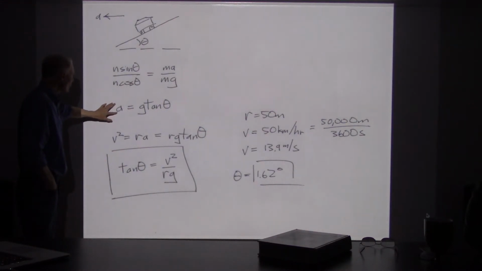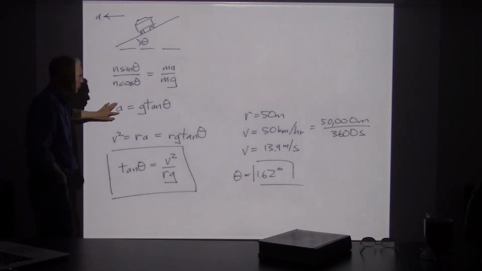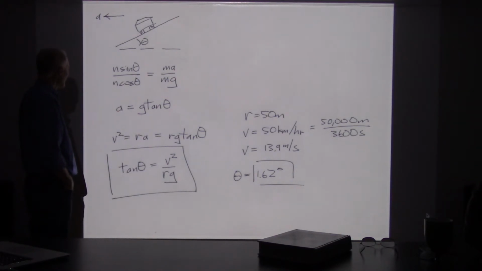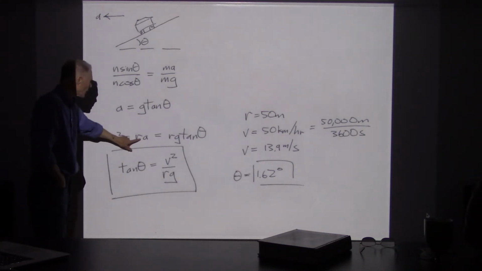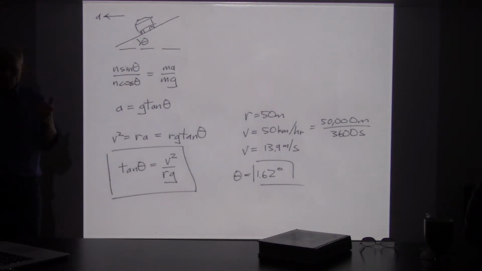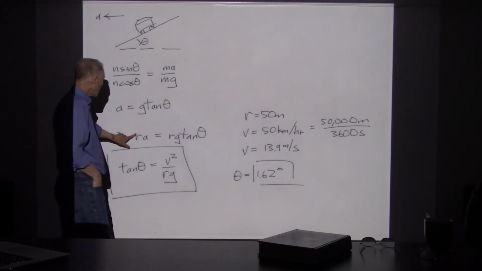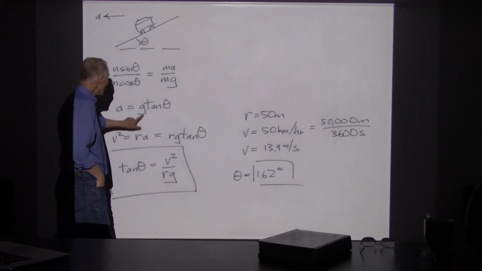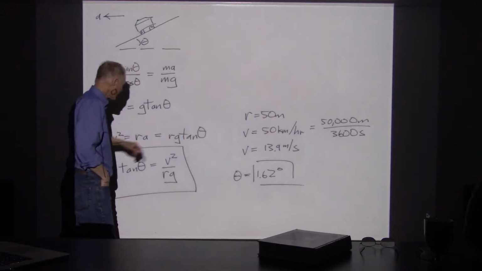So now what we can do from this is make substitutions. We can use v squared is equal to r times a. That's our kinematic formula for circular motion. And so v squared will equal r times a, and a is g tan theta, so I can put that in.